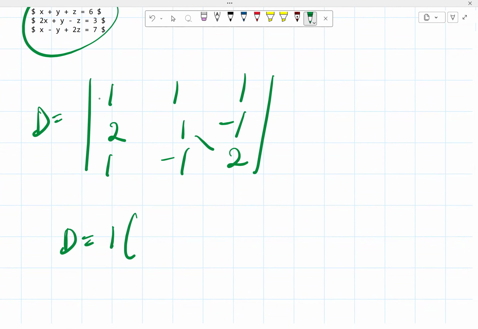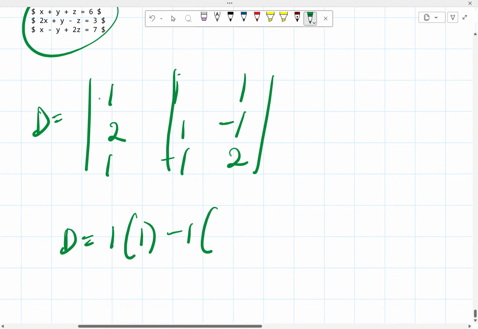So we have 2 minus 1, which is 1. Then minus 1 into, cover this and this. So 2 times 2 is 4, 4 minus minus 1, that's 5.